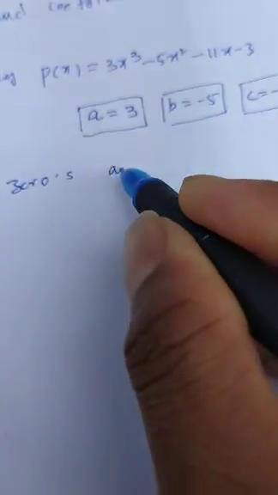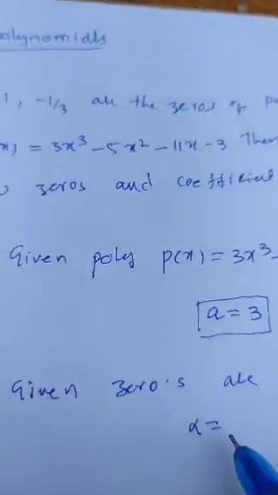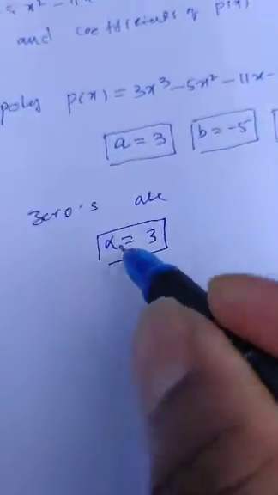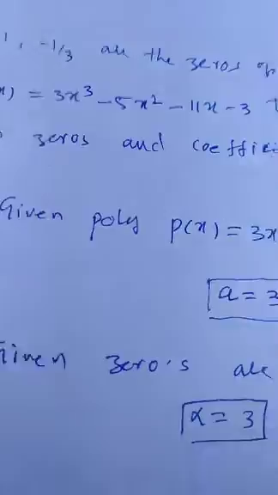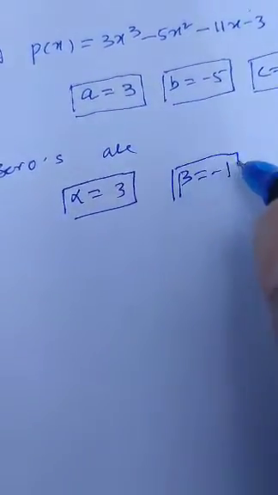And the given zeros. The first zero I am taking as alpha, which is 3. The second zero, beta, is minus 1.